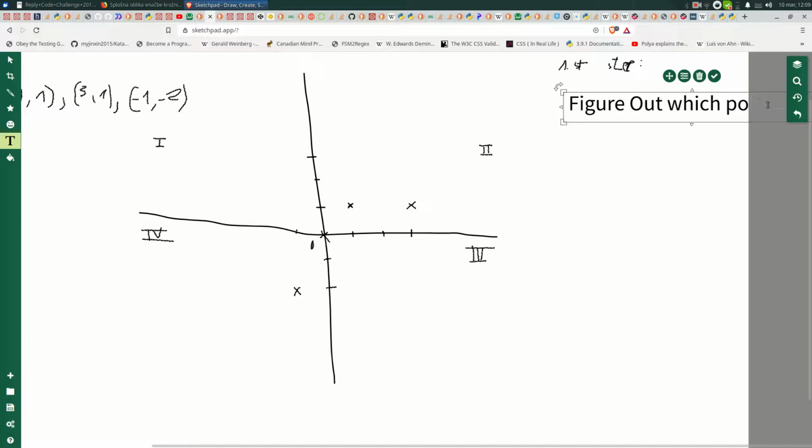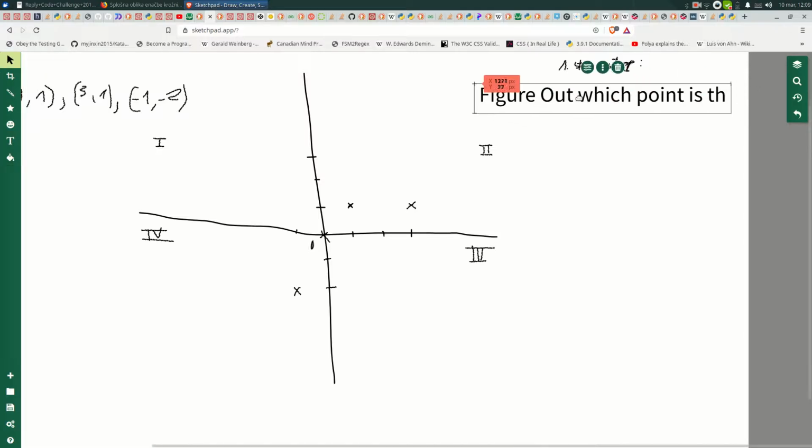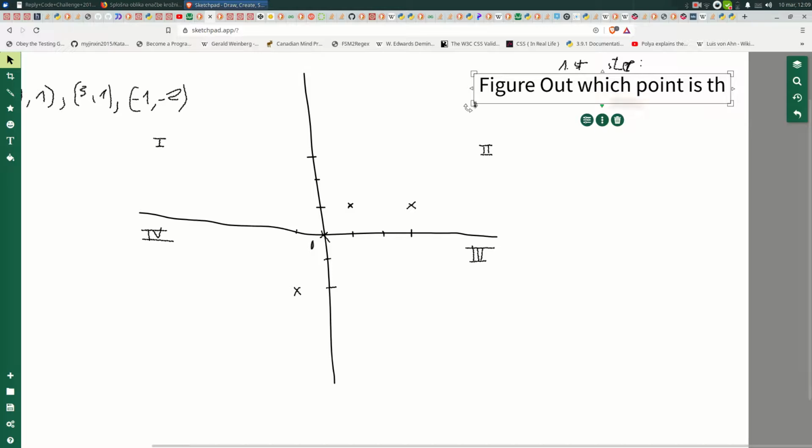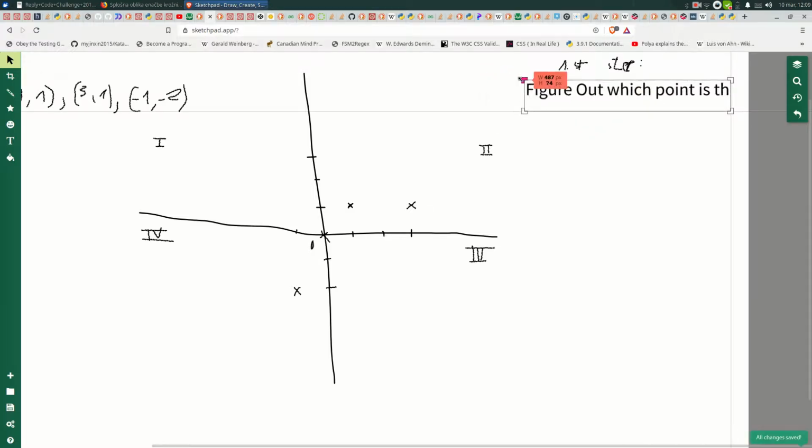Now I don't know where I am in the text, so I have to move it. Select and move. And I want that to be that big.